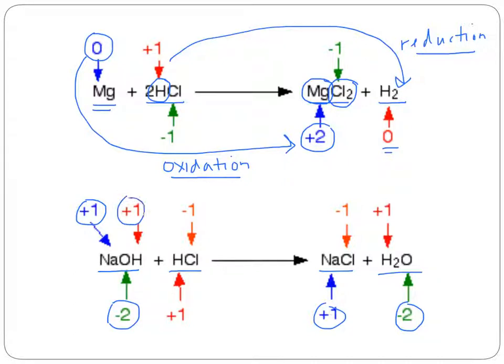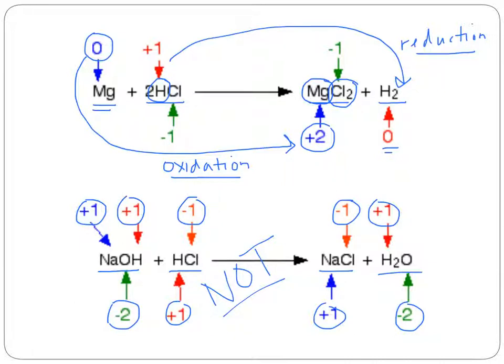Hydrogen is a +1 with the hydroxide. It's a +1 over here in water, which has 2 hydrogens. And then chloride ion is a -1, and it's still a -1 ion. So this is not a redox reaction because nothing has changed its oxidation number.